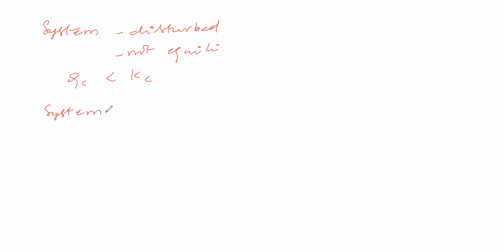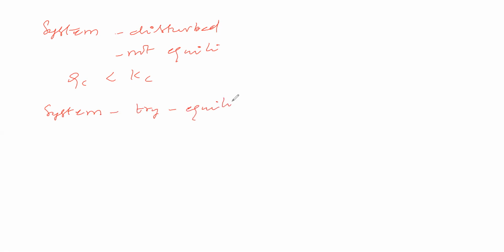You said the system is disturbed. That means the system is not at equilibrium. So Qc is less than Kc, we said. So what will the system do? The system will try for getting equilibrium.